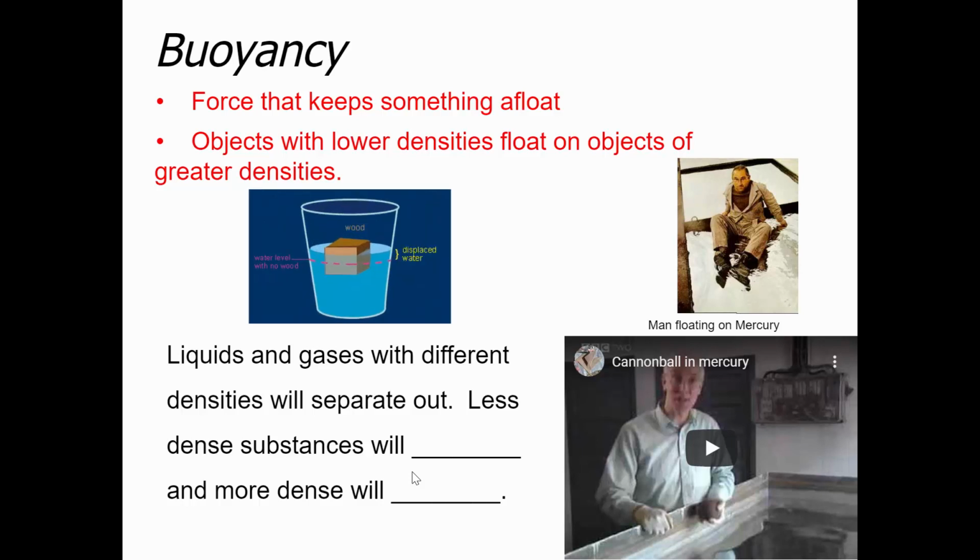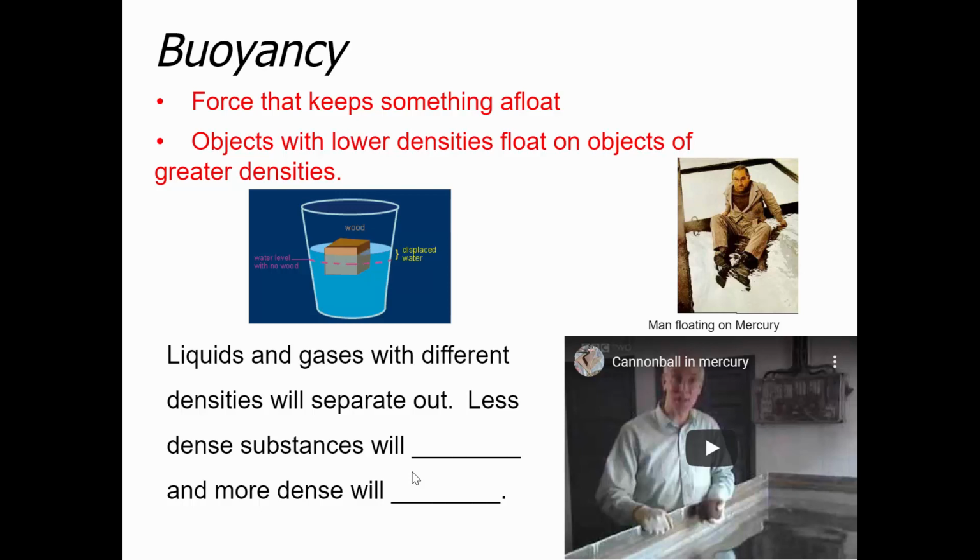So, not only will less dense objects float in more dense objects, but their density will determine how high or how low they float. So, the density of water is what? 1 gram per cubic centimeter.